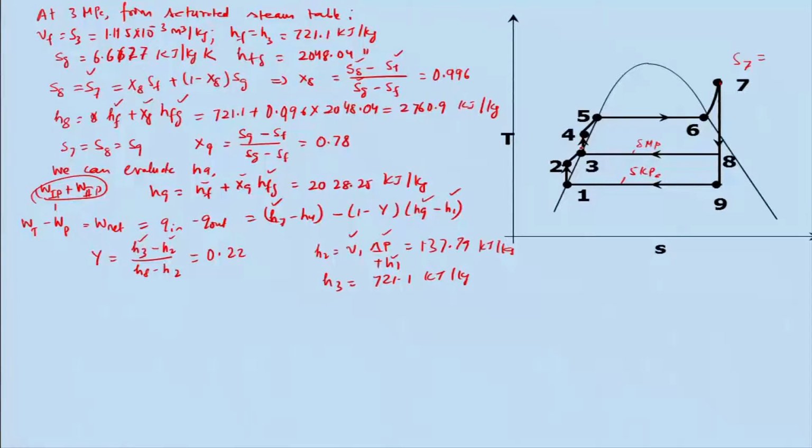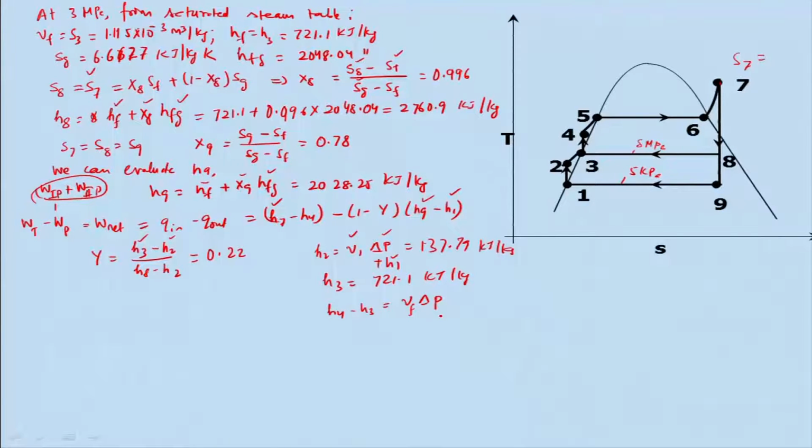and similarly you can find out H4, H4 minus H3, right, is equal to V into delta P, in this case 8 megapascal to the 50 megapascal, right, and then you can, this is known to you, because this is corresponding to saturated condition.